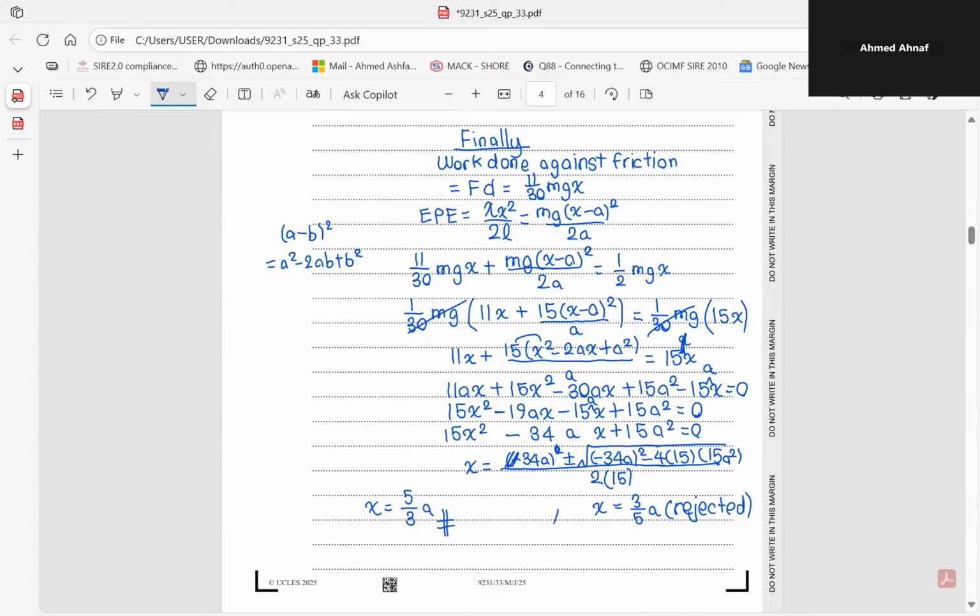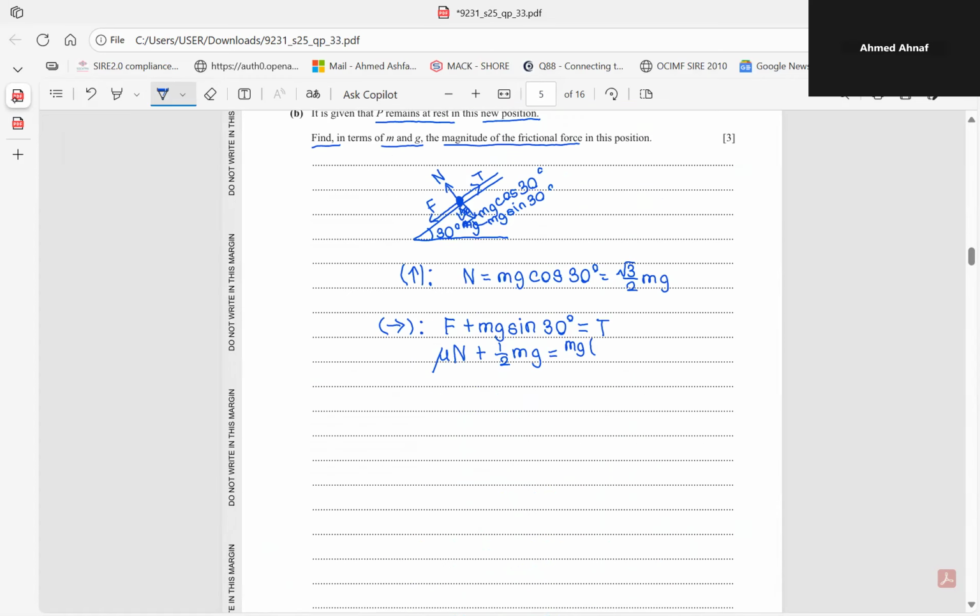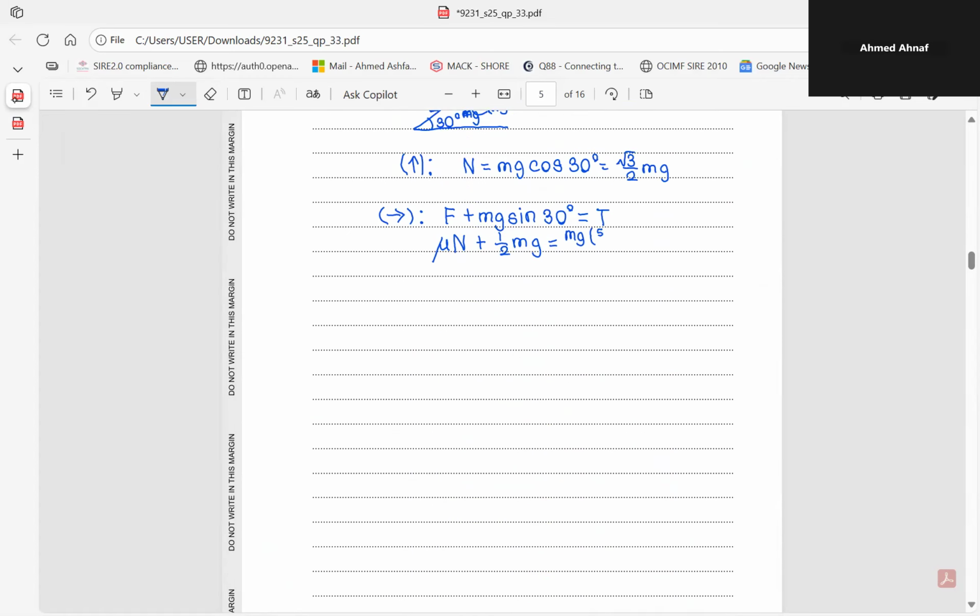So we know our total length is 5 over 3a. So 5 over 3a minus a, no, minus 1 times a, and that is over 2a. Oh, wait, no, just a, because it's just over L. So the a's cancel out.